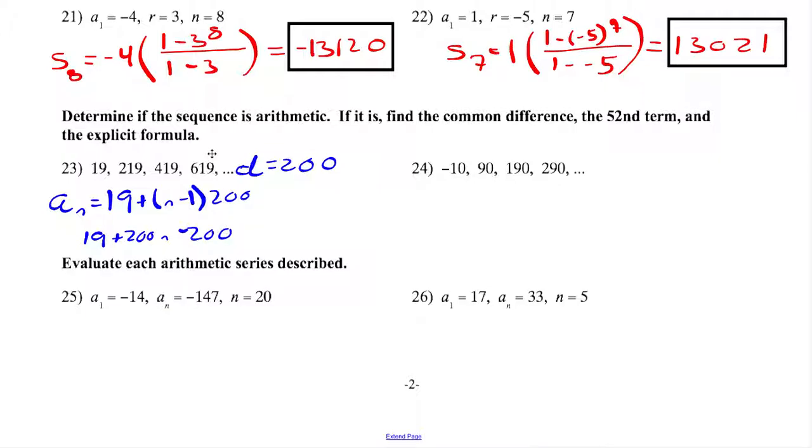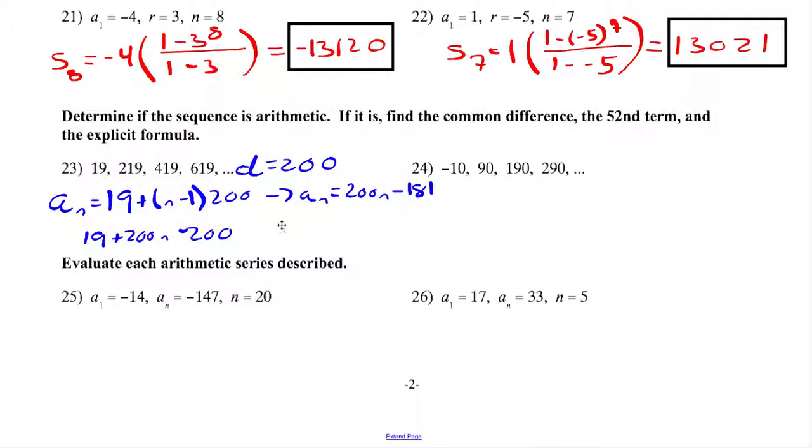So we're going to have 19 minus 200. This gives us that a sub n is equal to 200n minus, well, minus 200 plus 19 is going to be 181.